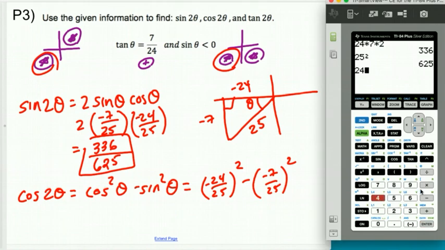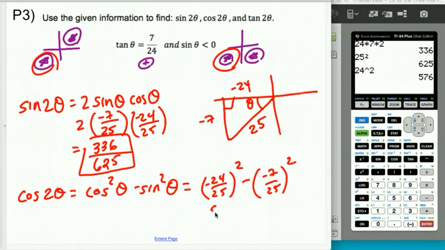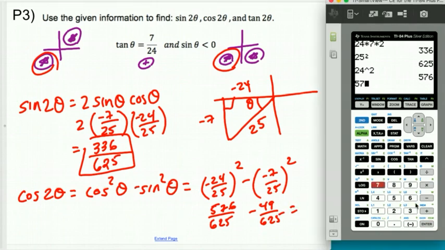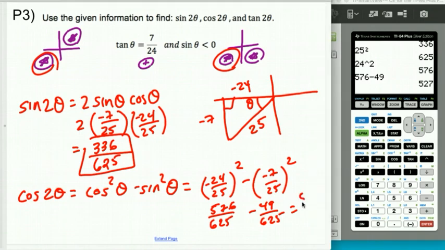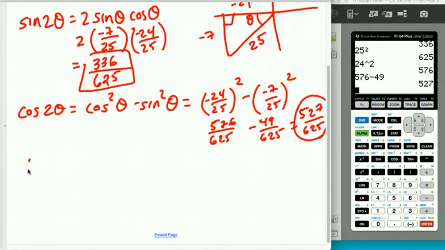So 24 squared, and you may or may not know this, that's fine, it should be a 576. So 576 over a 625 minus a 49 over a 625 should give me a 527 over 625.